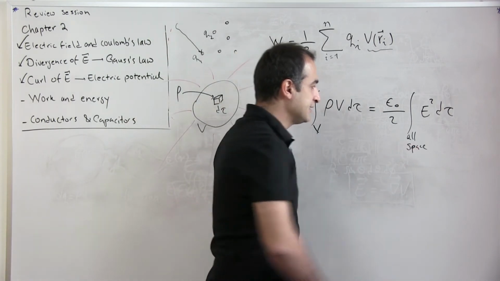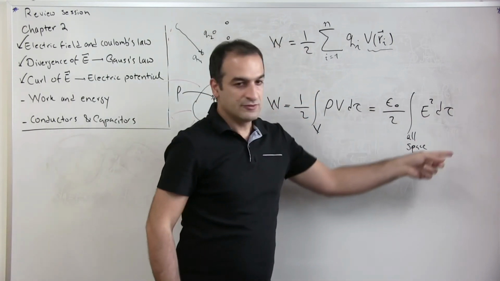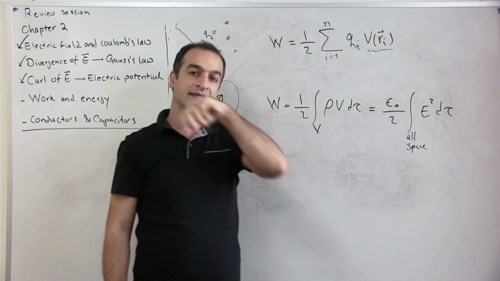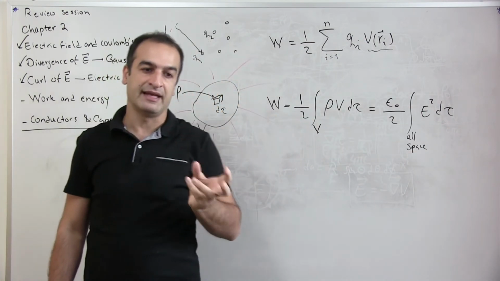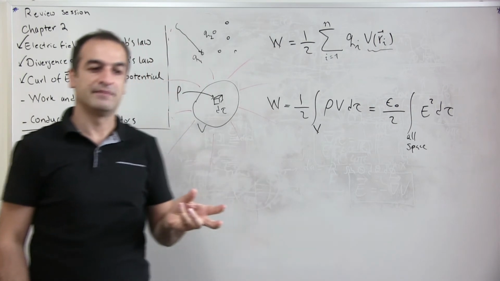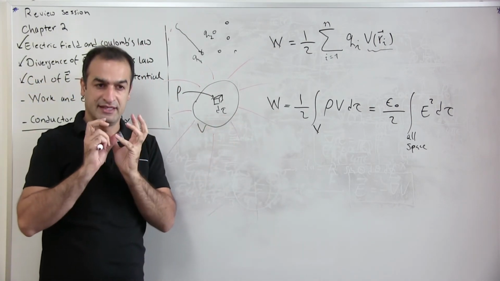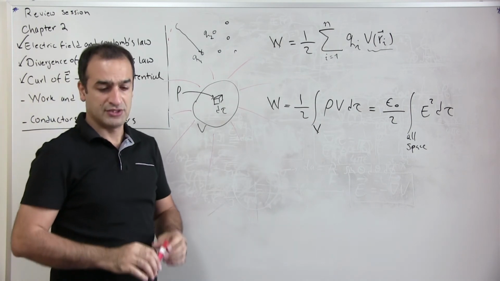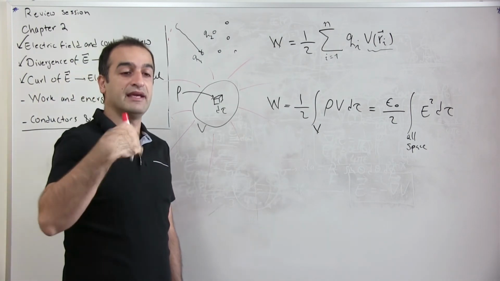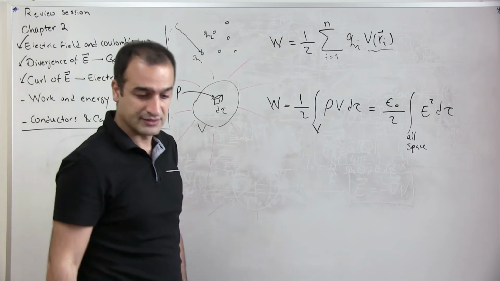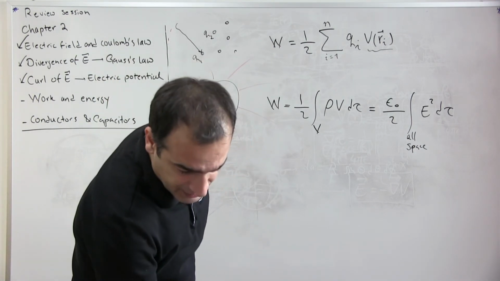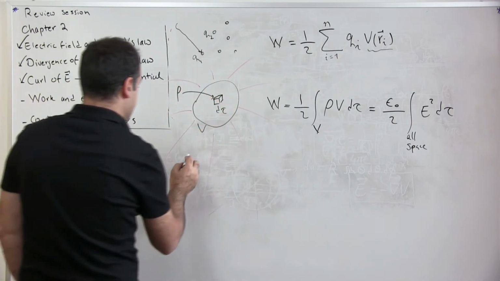Later on, you will see this is a more useful way because it carries a nice meaning: the electric field carries an energy density. Anywhere in space that we have an electric field, we can associate a certain energy density to those electric fields. We did one example, that's example 2.9.